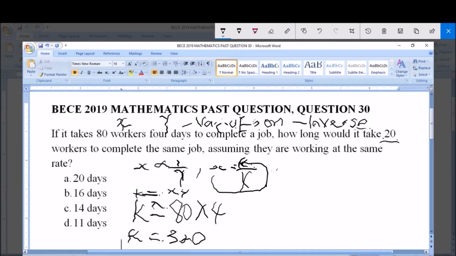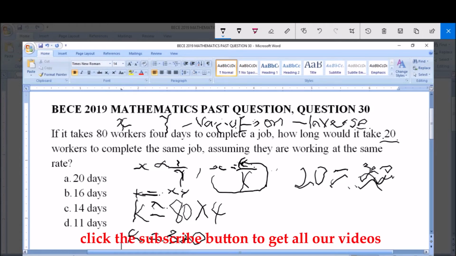So x, which is 20, is equal to 320 all over y. Y is the unknown we are looking for.